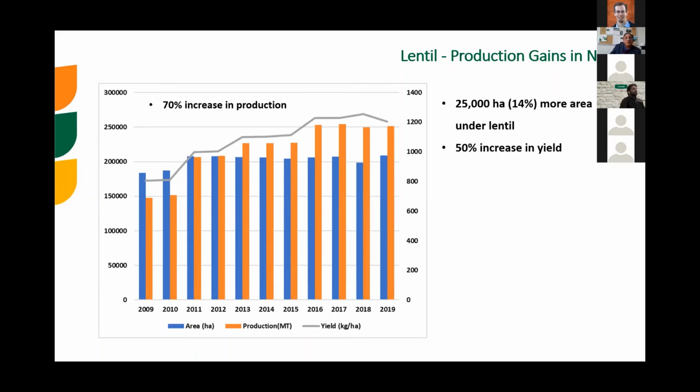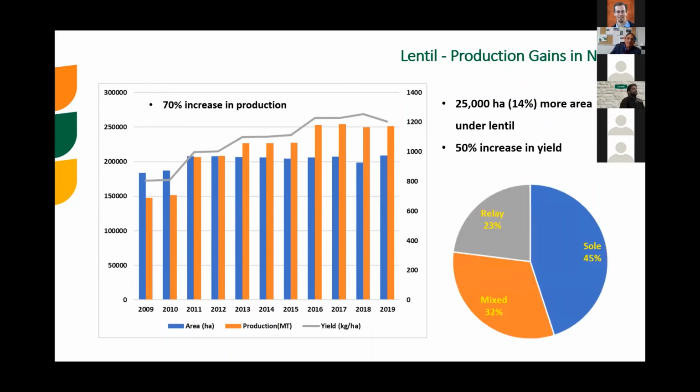At the same time, around 25,000 hectares more area has been brought under lentil. But then the problem: the present productivity is good, 1200 kg per hectare. If I take into account the kind of production system these varieties are put in, almost 45% is as a sole crop, 32% as a mixed crop, and 23% as a dairy crop.